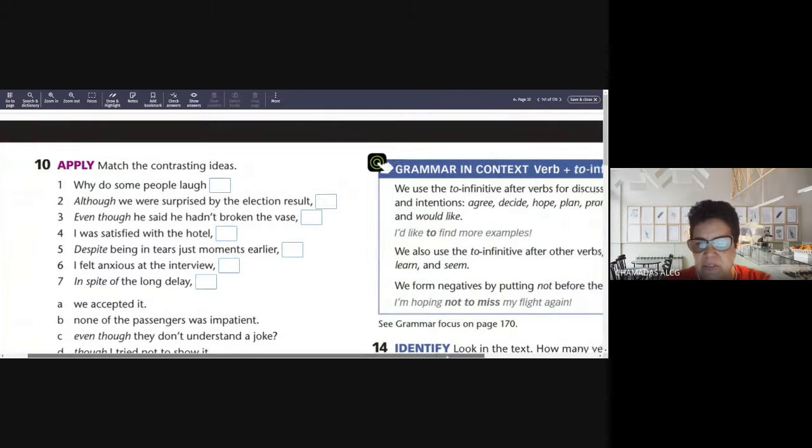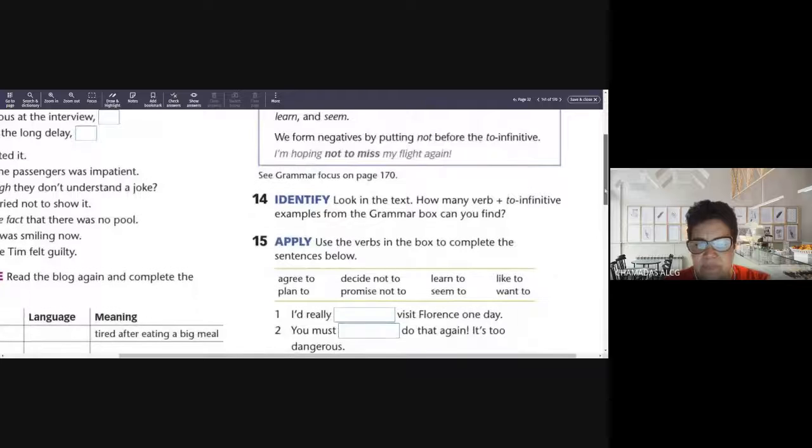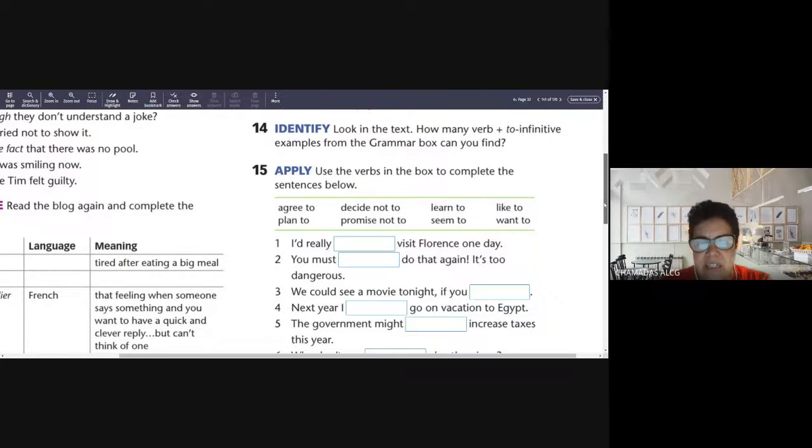Here, look, okay. Now, number 15. Use the verbs in the box to complete the sentences below.